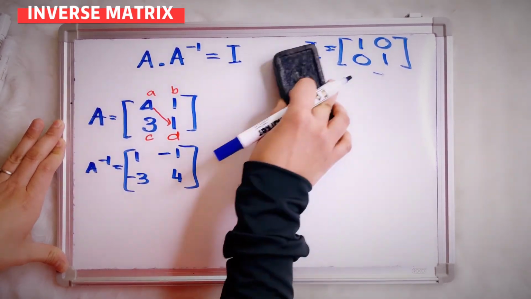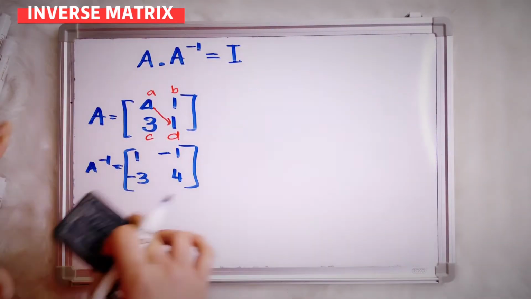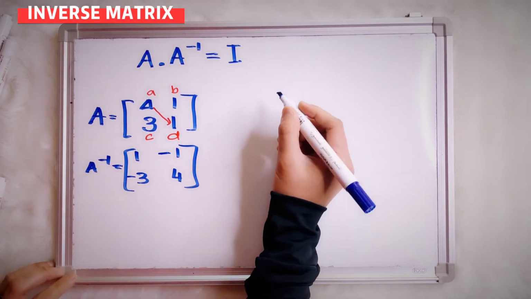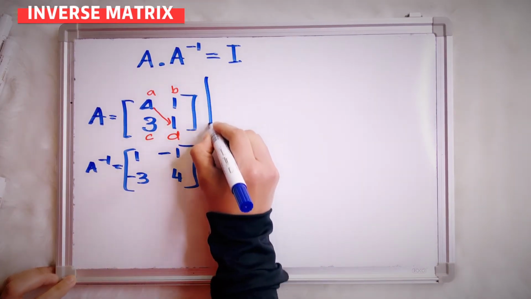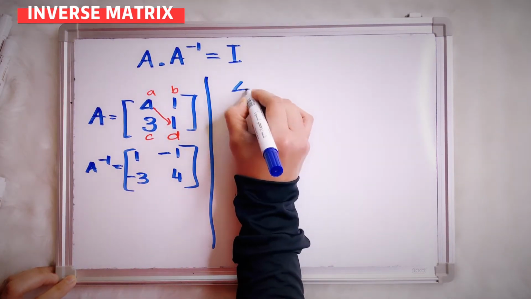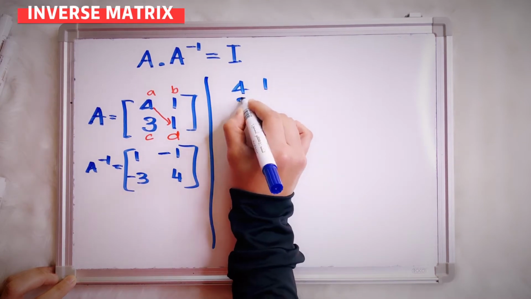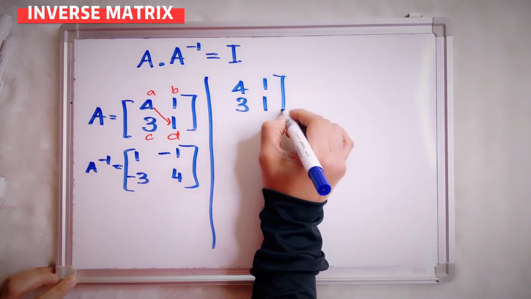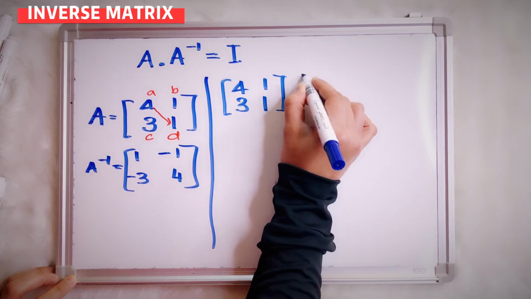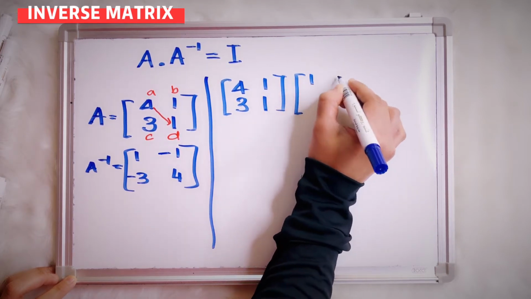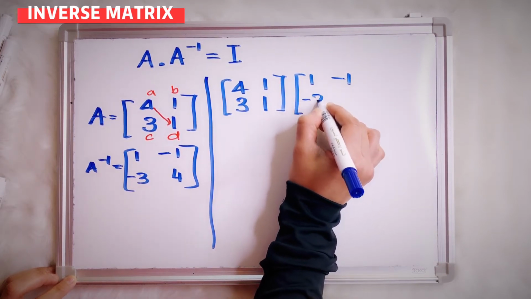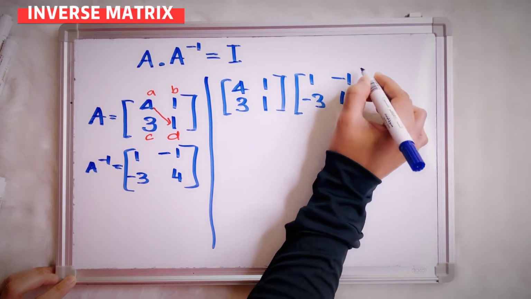Alright, so A is 4, 1, 3, 1. You multiply with 1, negative 1, negative 3, and 4.